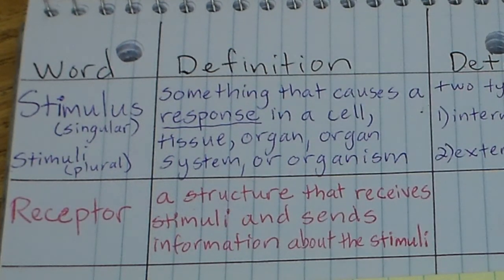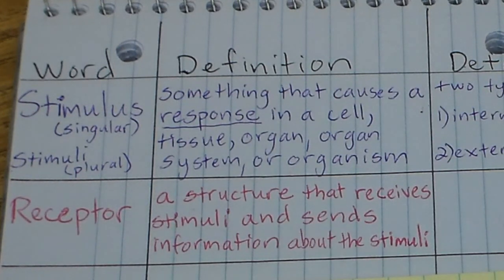A receptor is a structure that receives stimuli. So it gets stimuli. A receptor is a structure that receives stimuli and sends information about the stimuli.